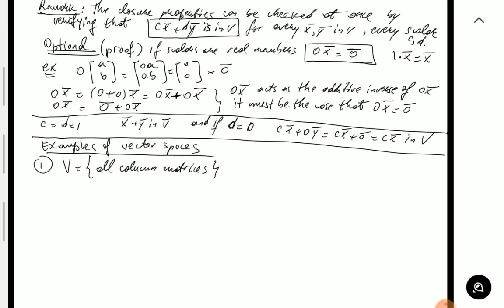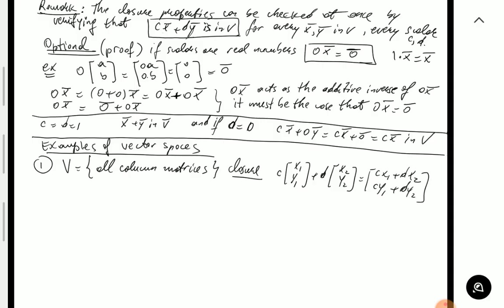So for example, if you look at checking the closure properties, I can take a scalar C in a typical column matrix, and a scalar D in another typical column matrix. So two arbitrary vectors and two arbitrary scalars. Following the known matrix operations, it's pretty obvious without too much elaboration and discussion that this is satisfied.